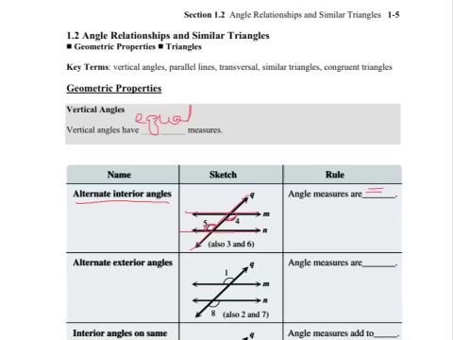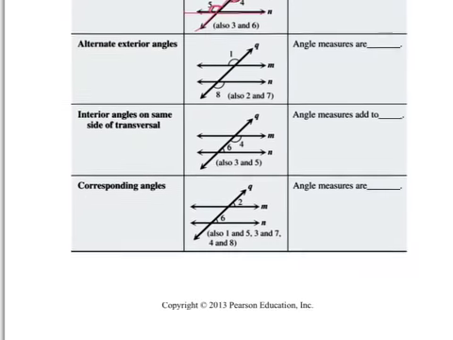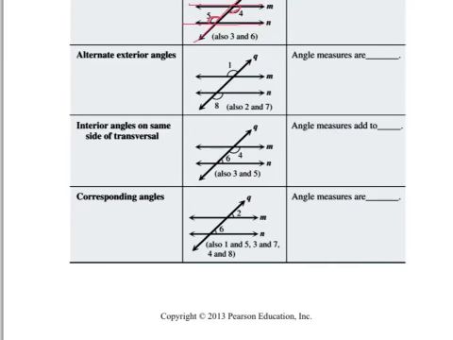Then if we scroll down the page here, we have alternate exterior angles, and exterior means that they are outside angles. So also your angles 2 and 7, which if you were to go back up and look at the other example, the angle measures here are also equal.